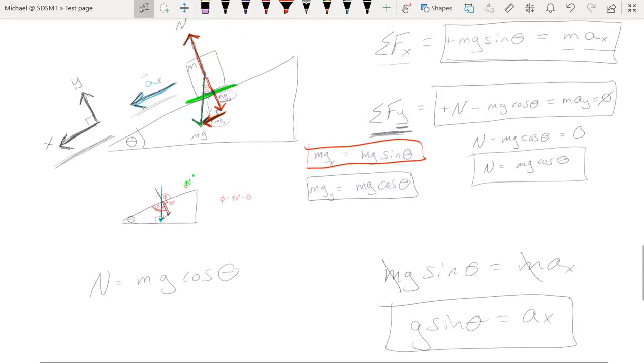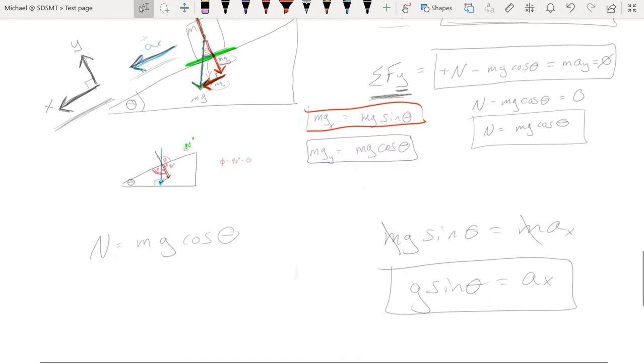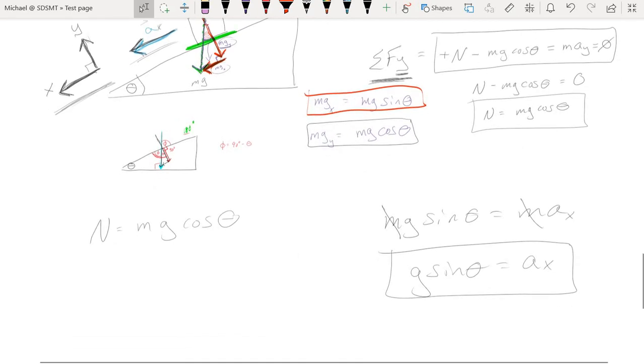This value for the normal force is accurate for any inclined system of any mass of any angle theta. All we have to do is plug in the values of the mass and the angles.